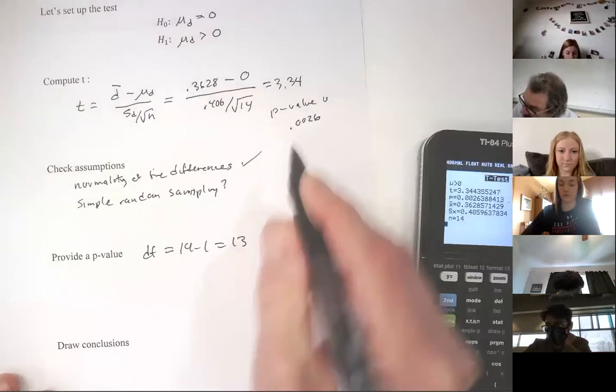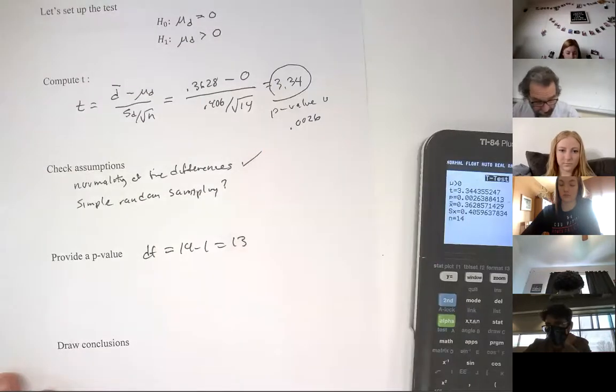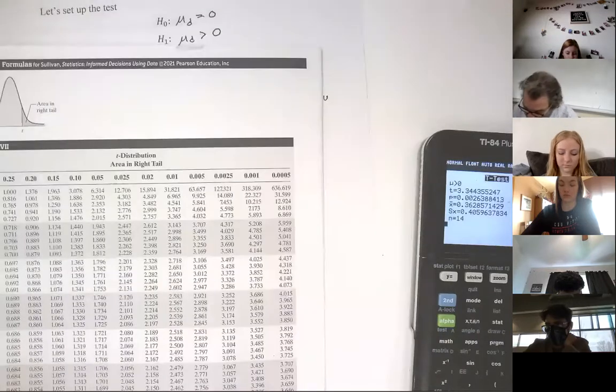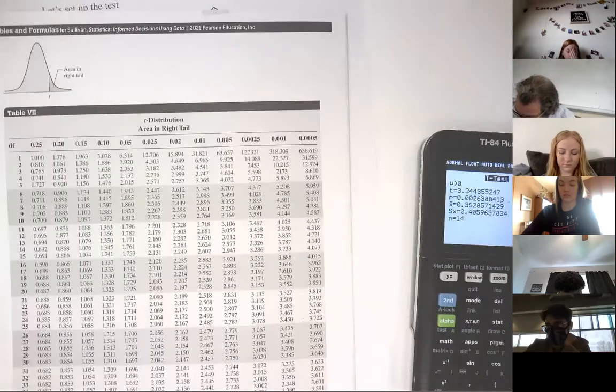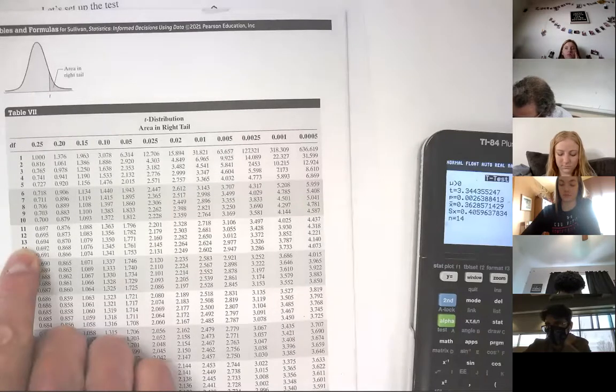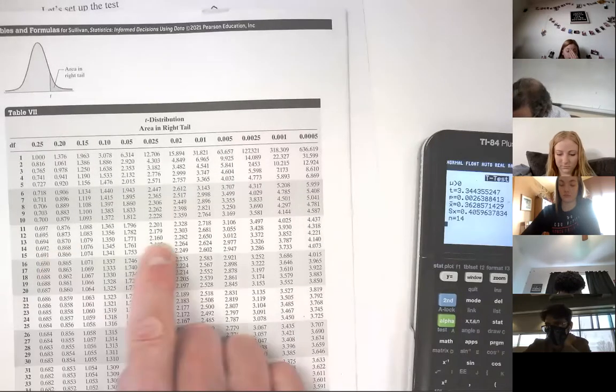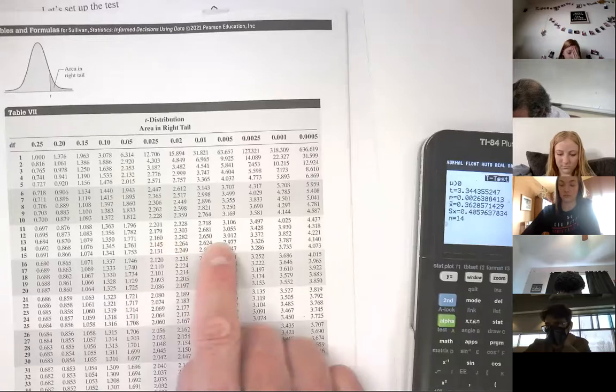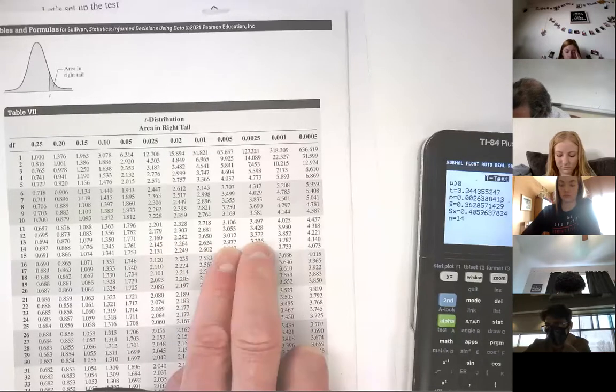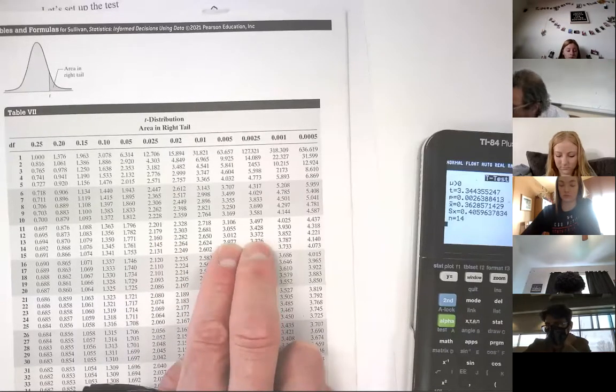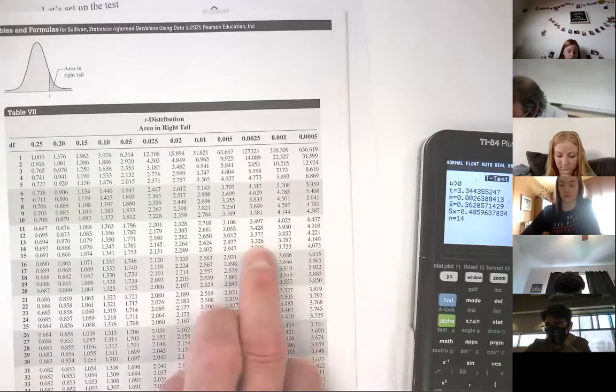Here's our value, 3.34. On the tables, we said 13. I'm looking for 3.34. Zooming around here. Okay, so there we are. 3.34. Oh, 3.34. It's bigger than 3.3.